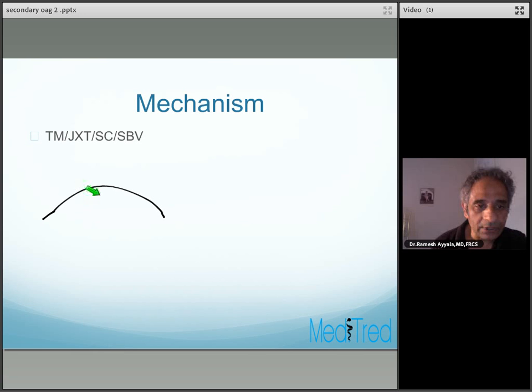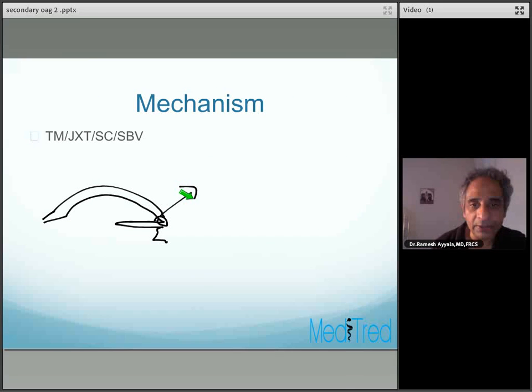I'm trying to draw the cornea here, and here is the iris with the ciliary body right here. So this is the angle structure that we're talking about, right? So if I enlarge this and draw a nice big picture of this, it will be something like this.